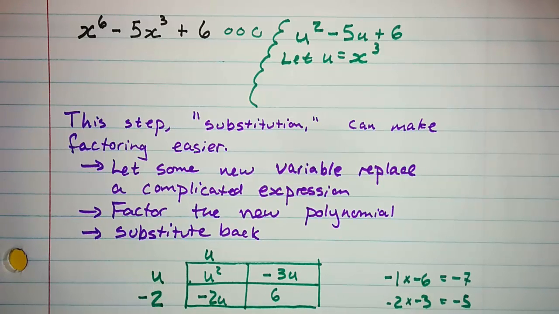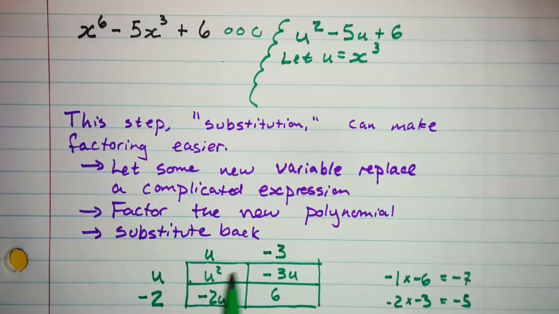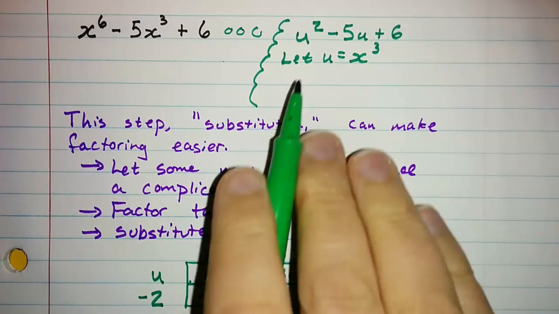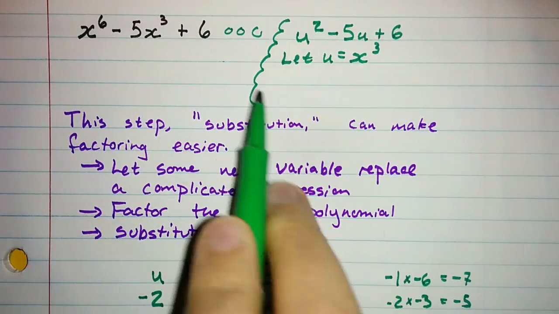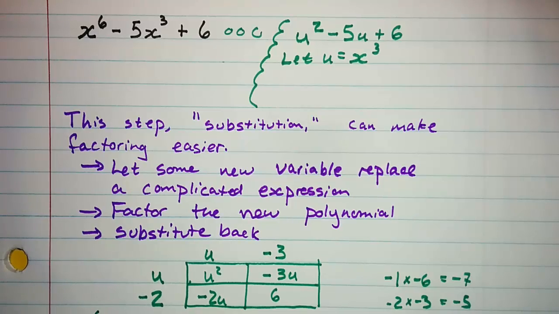U times what is negative 3u? U times negative 3 is negative 3u. Negative 3 times negative 2 is in fact positive 6. So this expression factors as u minus 2 times u minus 3.